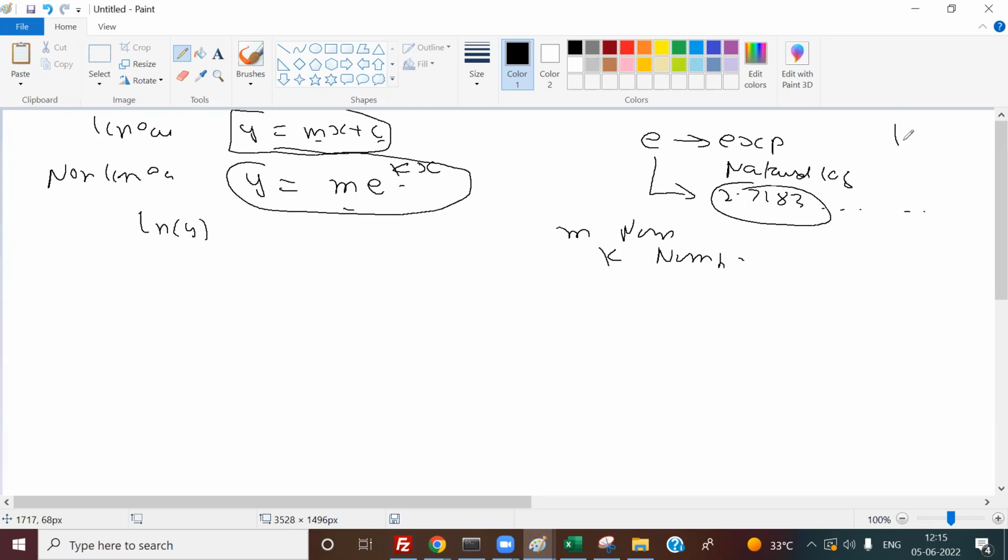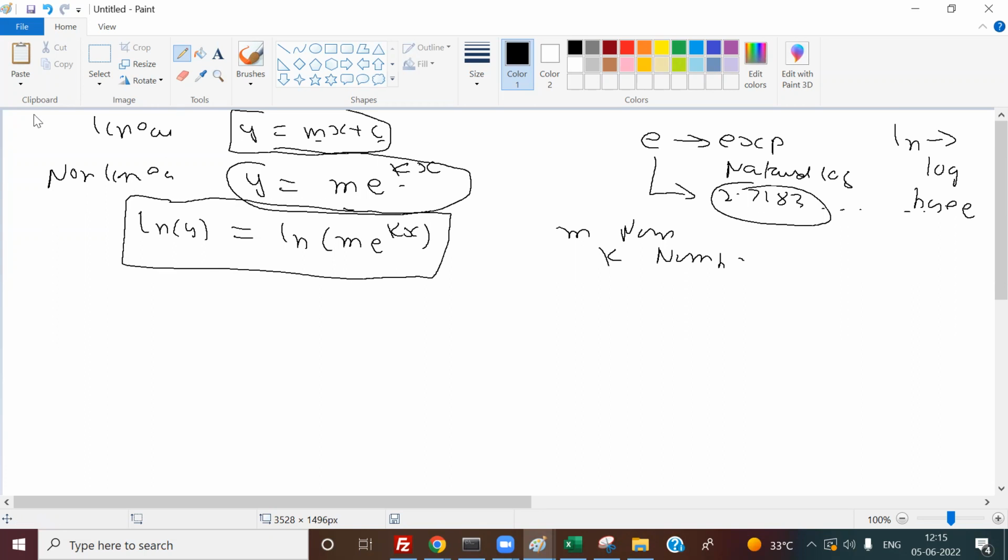What is ln? Ln is nothing but log of base e. So I'll take ln y is equal to ln of m e power kx. So I have taken log on both the sides.